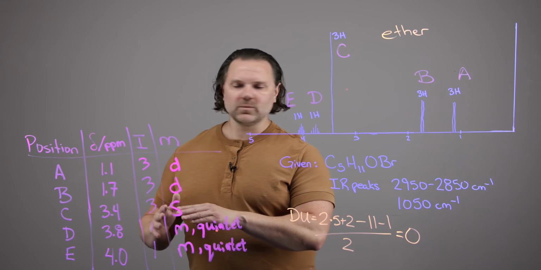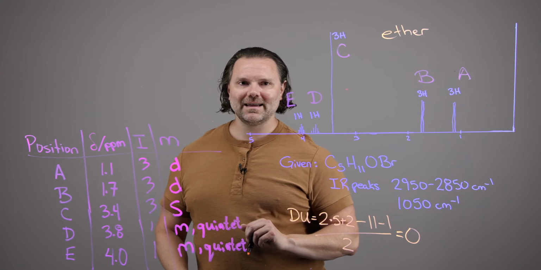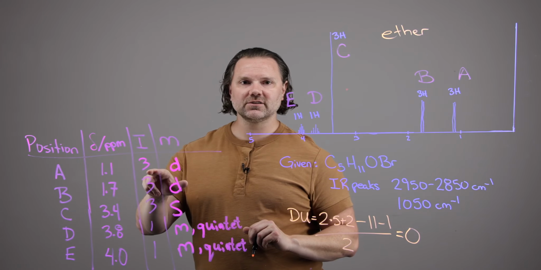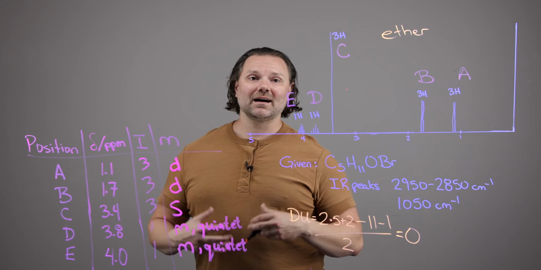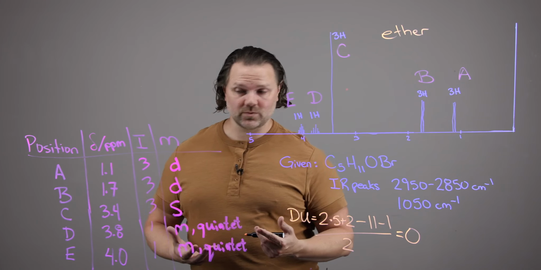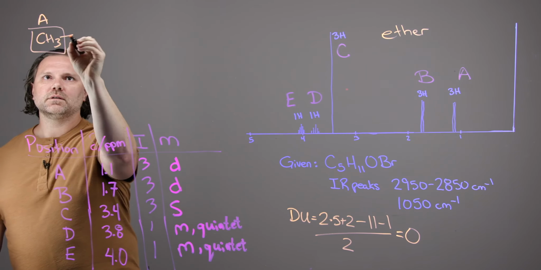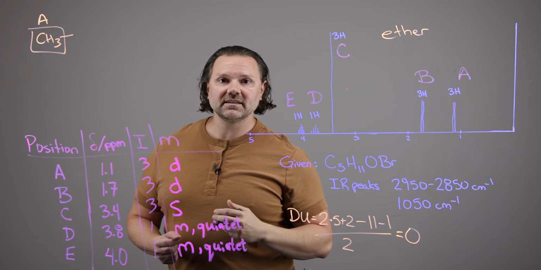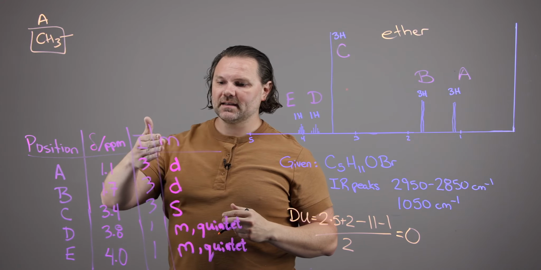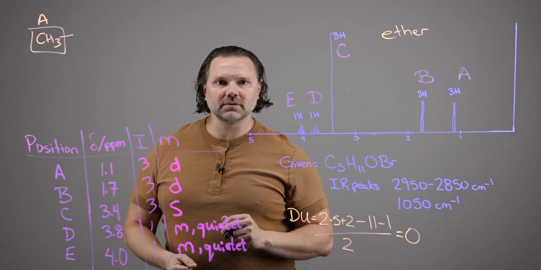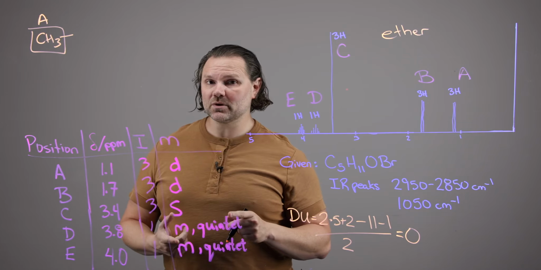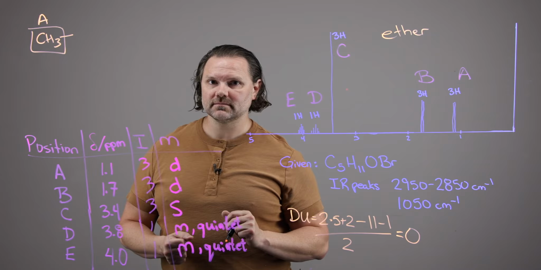So, why don't we start off with signal A? This is going to have an integration of 3. I interpret that as a CH3 group. It should have one more bond to complete the octet of that carbon, and given that its multiplicity is a doublet, how many neighboring protons will it have?